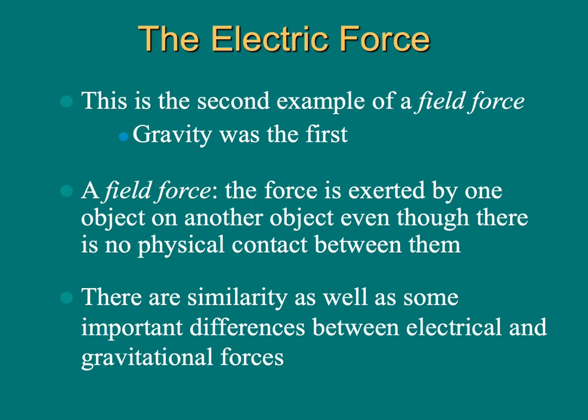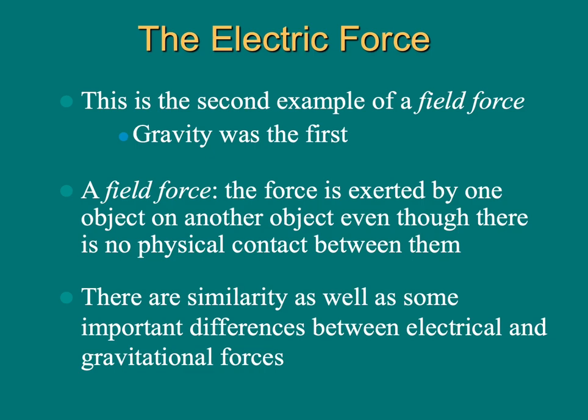So the electric force is the second example of a field force we learned. Gravity would be the first field force we learned. What do you mean by field force, you might ask? A field force is a force exerted by one object on another object when they are not in contact. So they don't have to be in contact with each other to exert a force on the other one.